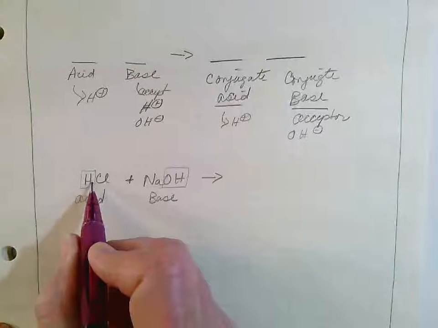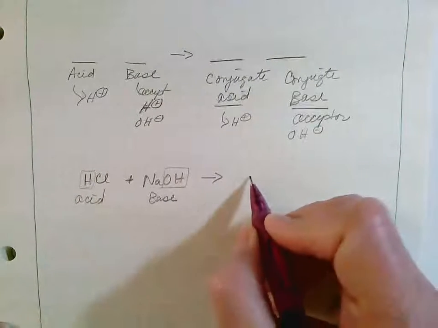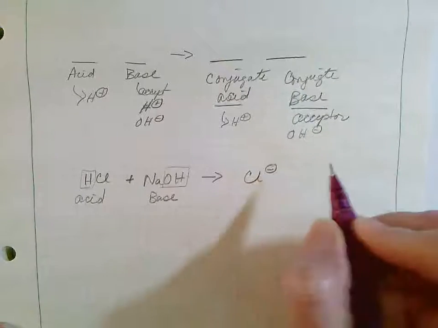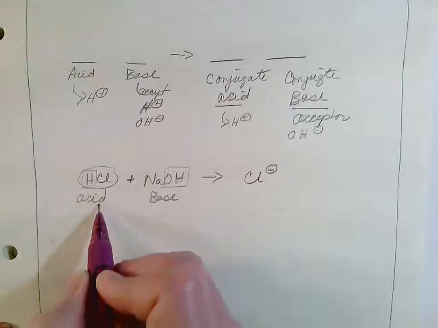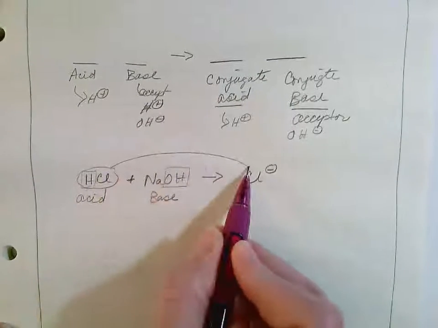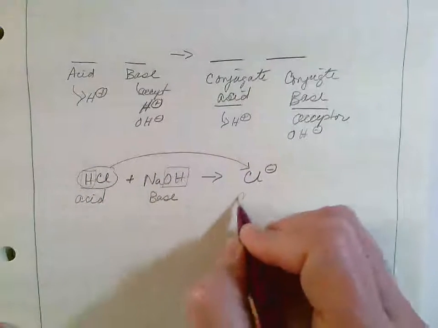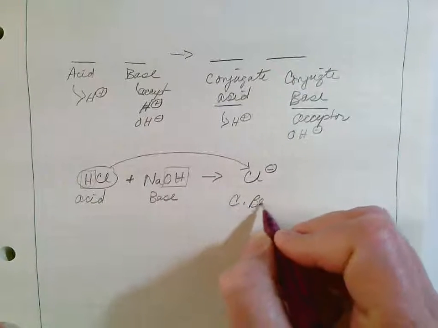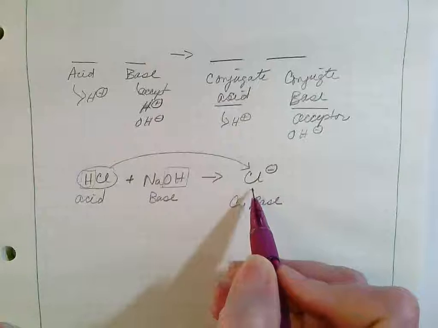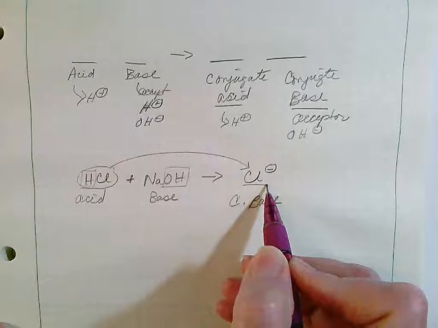What happens is this is going to give up the hydrogen and it will become Cl minus. So when HCl dissociates as an acid, its conjugate base, I'm just going to abbreviate that C base, is going to be the chloride anion.